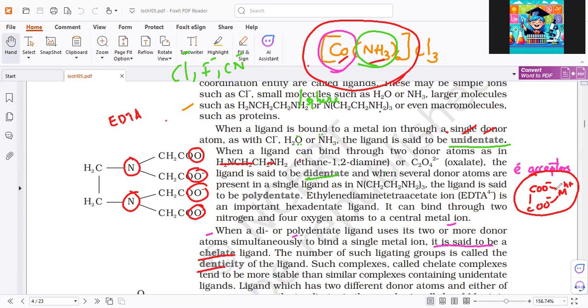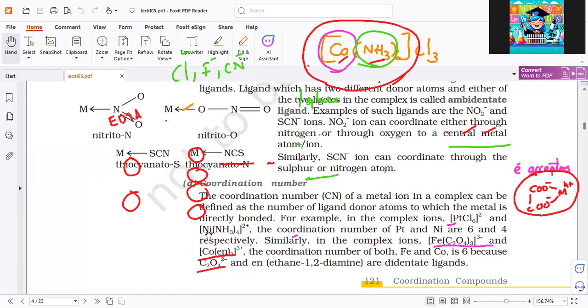So they are energetically more stable than the similar unidentate ligands, where one ligand is using only one ligand site for forming the complex.